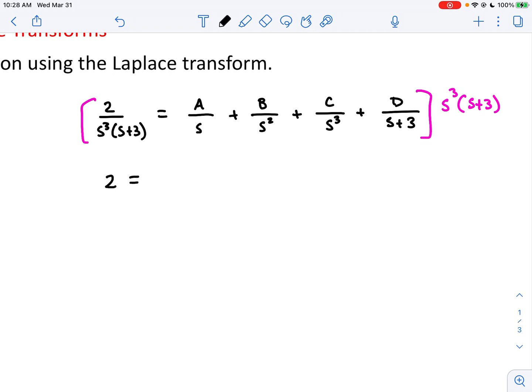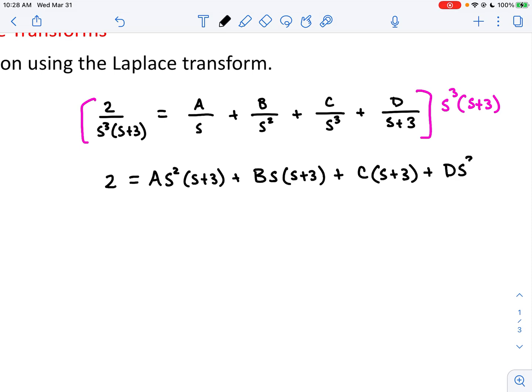Next to the A, one s will cancel, but we'll have an A times s squared, and then times s plus 3. Next to the B, s squared will cancel, leaving just a single s, so B times s, and then s plus 3. Next to the C, all the s's will cancel, but the s plus 3 will remain. And next to the D, the s plus 3's will cancel, so we'll have D times s cubed.